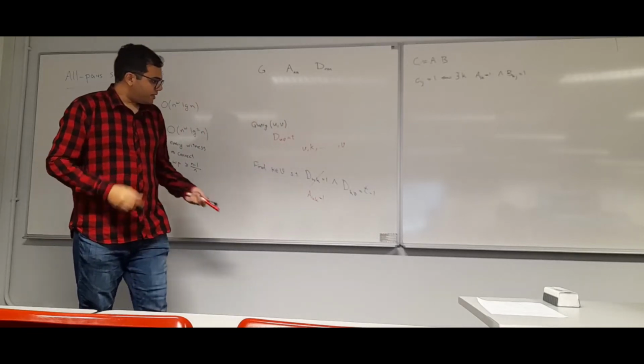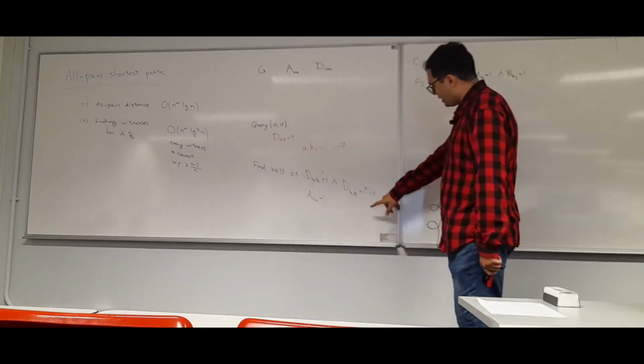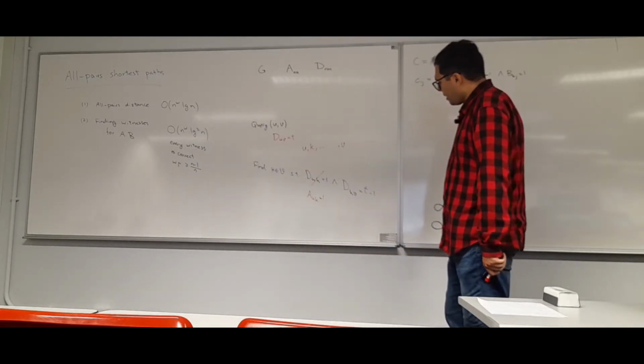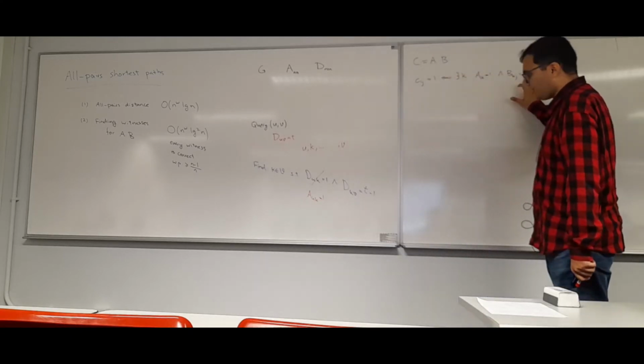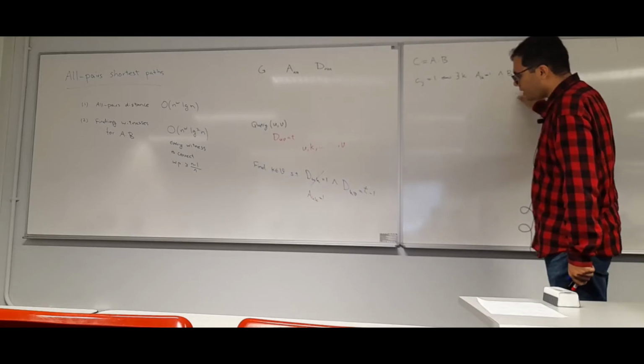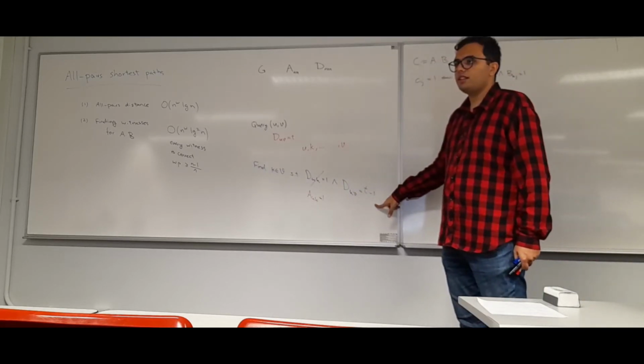Okay, but what about this part? In this part, I basically want to know that B_KJ is 1, or B_KV is 1, if and only if d_KV is t minus 1.